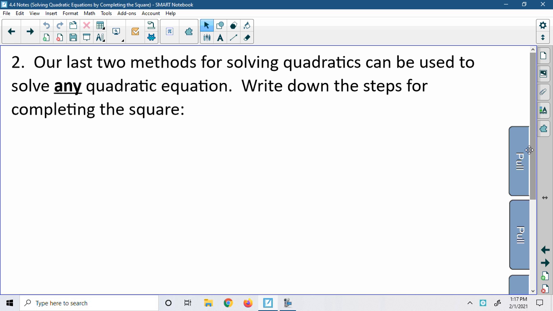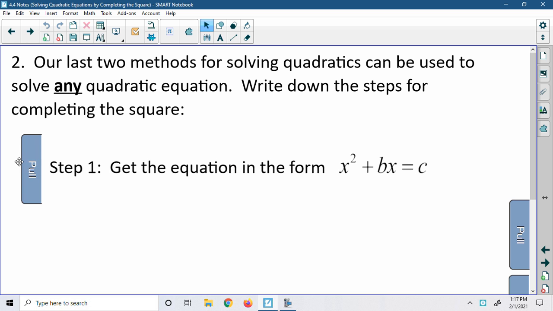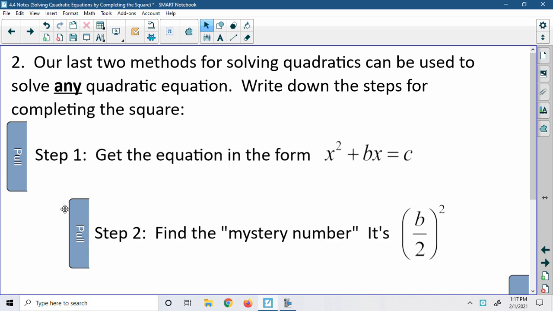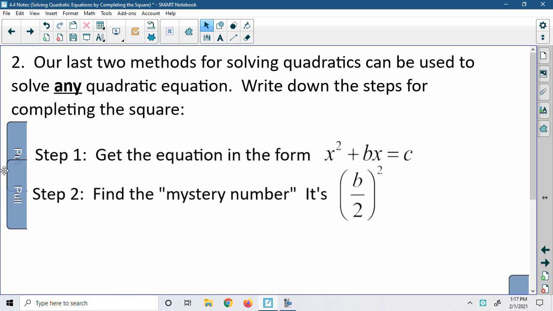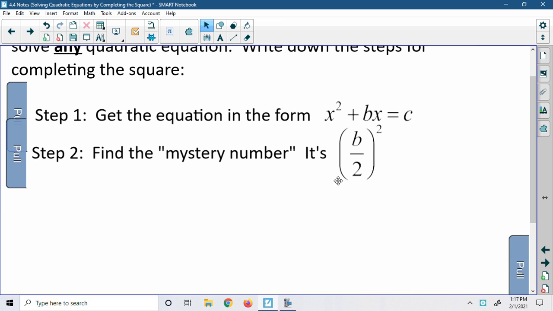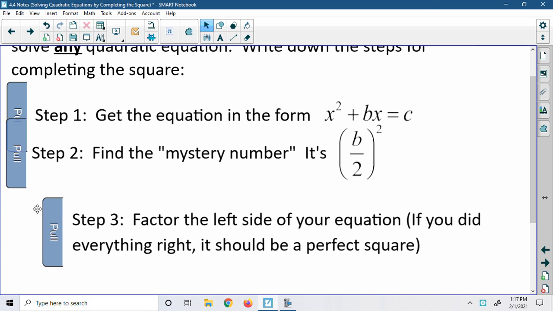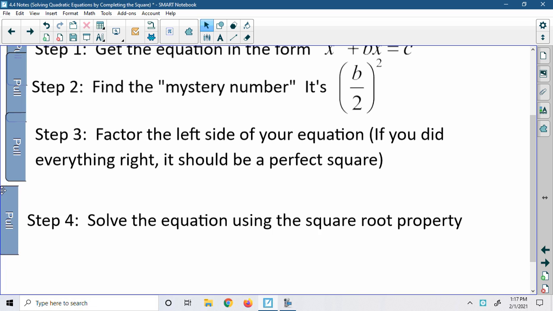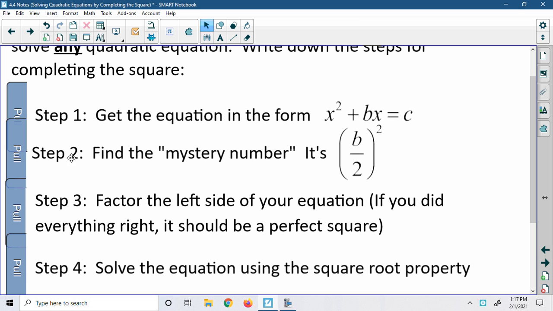Here are the steps for completing the square. I think I'll just drag them all out. And then you can copy them down. In class, I realized there's something I need to add right here to step 2.